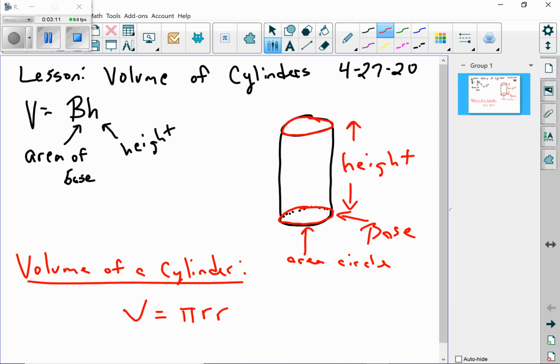That's the area of a circle, times the height of the can, h. So pi r squared h, right? R stands for the radius.